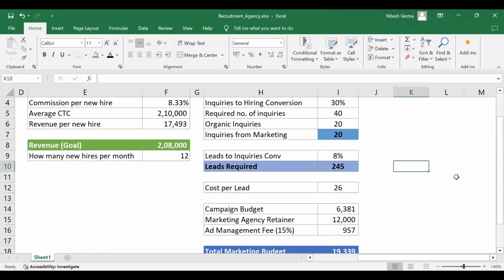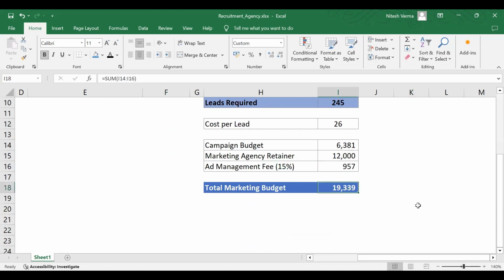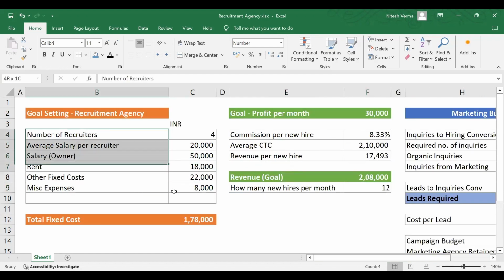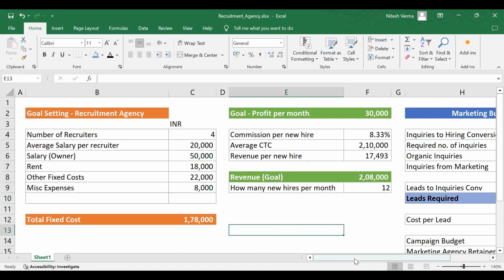Now, this gives a certain estimate to Jyoti and the team that, okay, for this revenue goal, they need to spend so much on marketing to generate 245 leads, get 20 additional inquiries, and then that will help them have 12 new hires per month. But what has happened here is marketing was not considered as an expense when the initial planning was done.